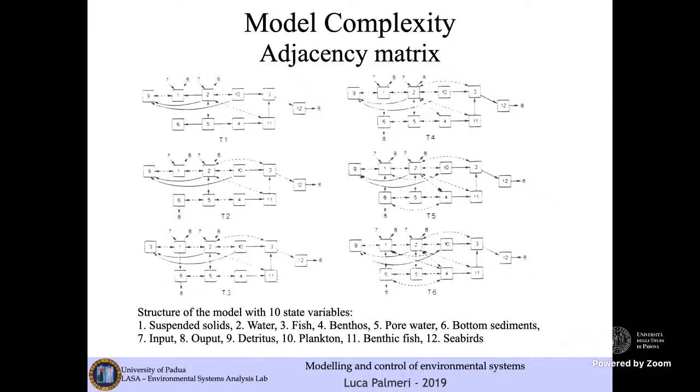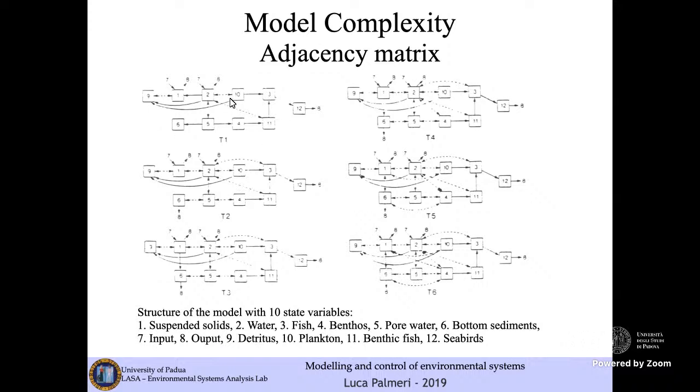In any case, these are 6 possible descriptions, or 6 possible models, of a system that is constituted by 10 state variables, 1, 2, 3, 4, 5, 6, 7, 8, plus input plus output. Strictly speaking, we have 8 state variables and 2 forcings that are input and output.